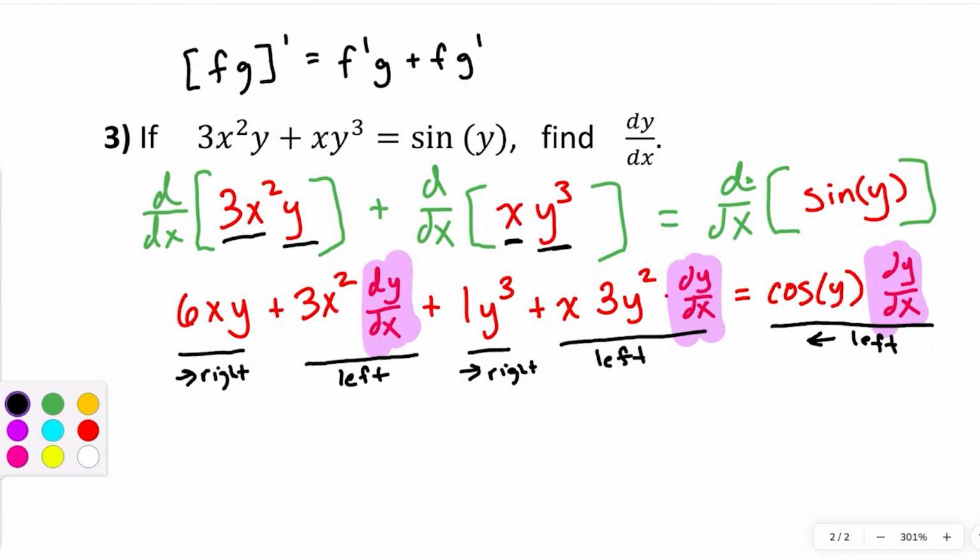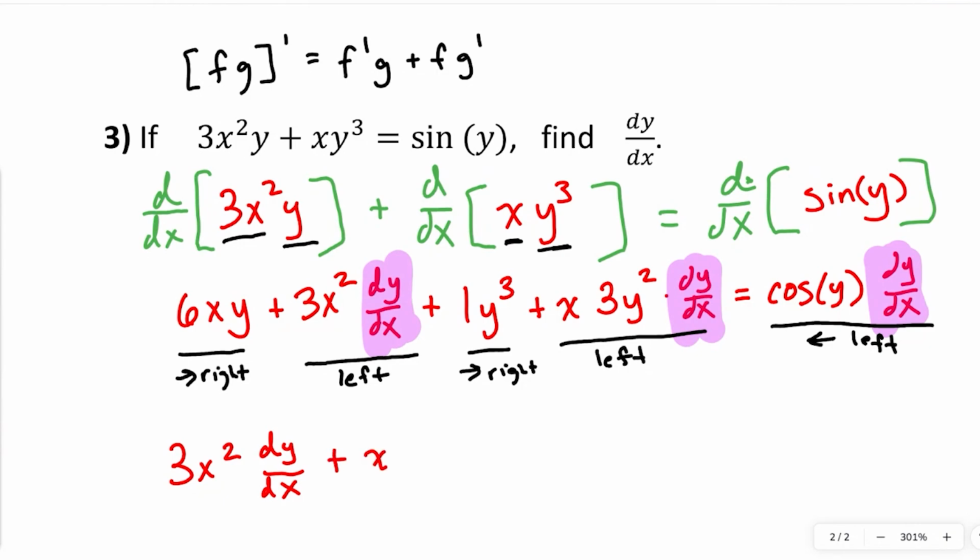So I'm going to start by writing the ones that are already there. 3x squared. Oops, let's clean that up a little bit. This is where making sure you're writing neatly is really important. When these equations start getting really long, if you're all over the page, it's really easy to lose track of what you're doing. So take your time.